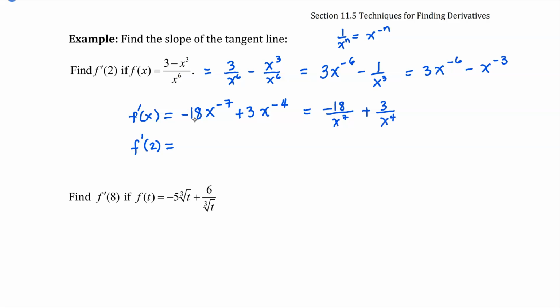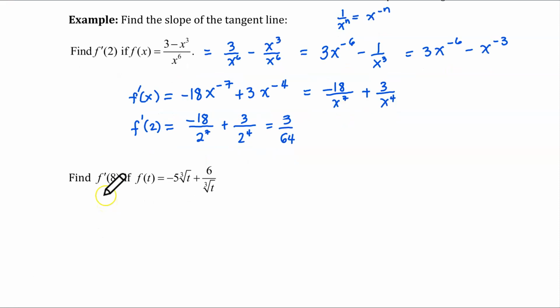And then plug in 2. So you have negative 18 over 2 to the 7 plus 3 over 2 to the 4th. And then you use your calculator to simplify this. This is equal to 3 over 64.